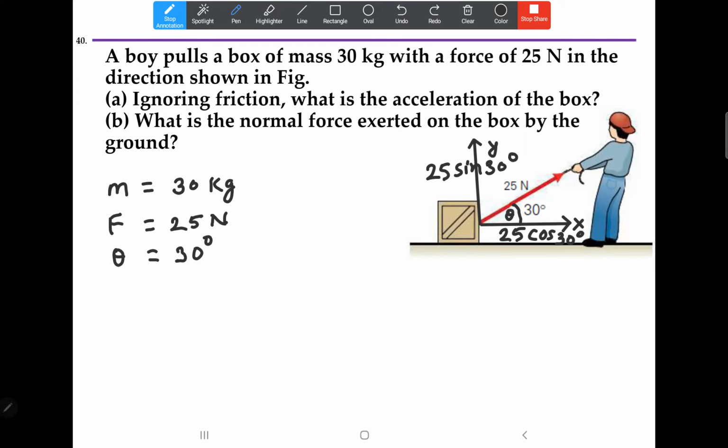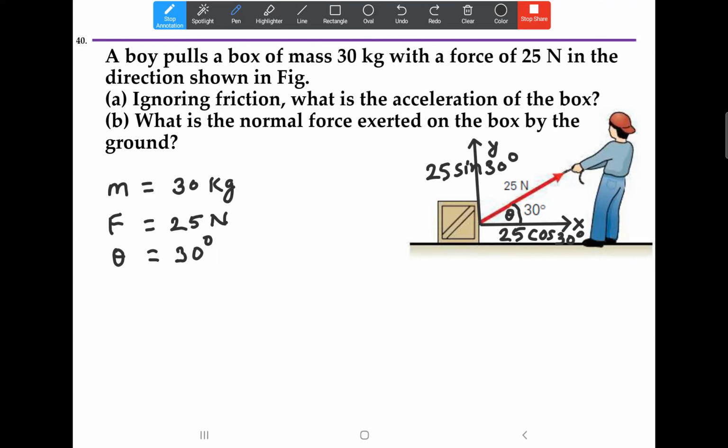This is the y component acting along the y-axis, and this is the x component acting along the x-axis, so that it is easier to deal with the forces and get the resultant of the forces along the x-axis and y-axis. Once we split into components, it becomes easier.